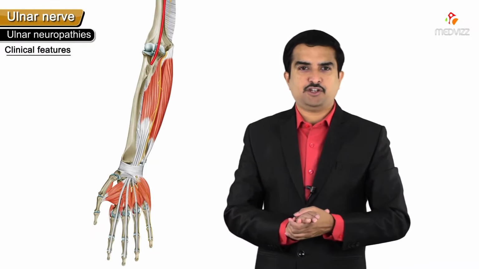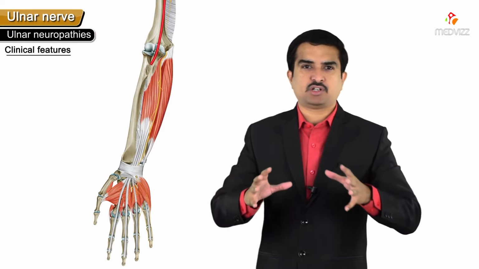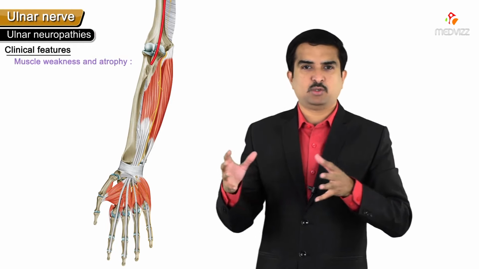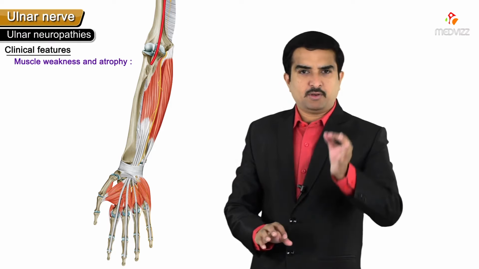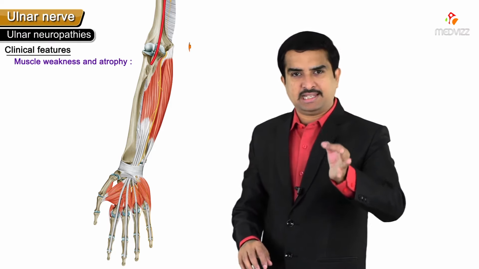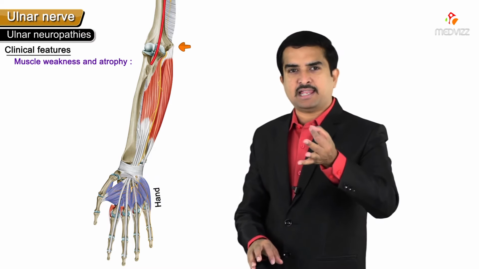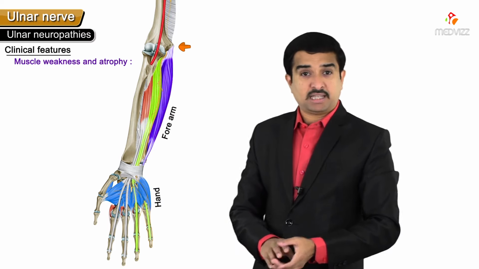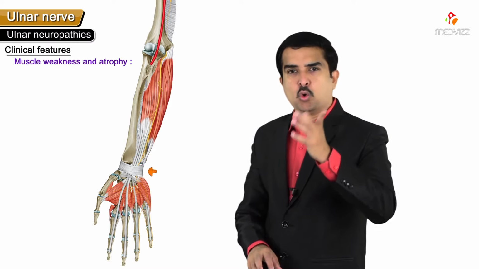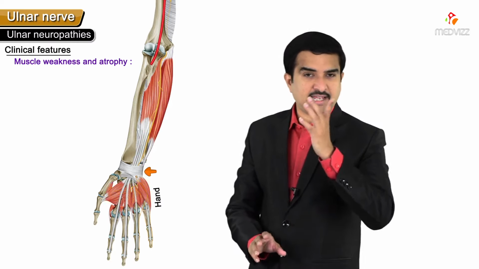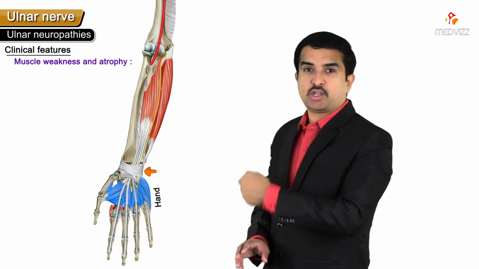Now let us talk about the overall clinical features. The first important thing we need to discuss is muscle weakness and atrophy. Remember very carefully here, lesions at the elbow usually involve muscles of the hand and the forearm, but lesions at the wrist only involve muscles of the hand because of the location of the injury.